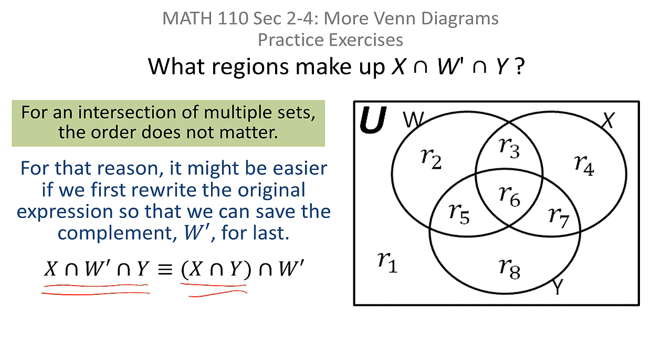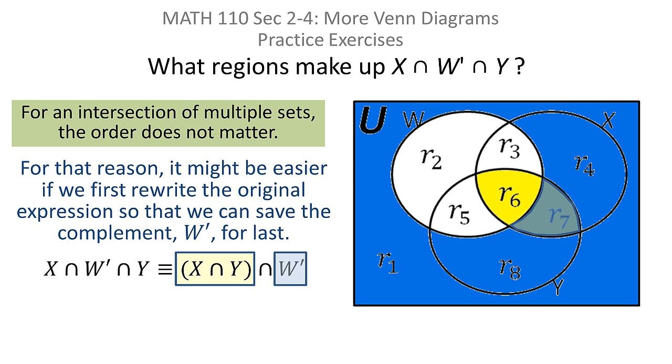So if I take X intersected with Y, that's the yellow area pictured there where X and Y overlap. Then I want the overlap of that, remember, intersection means the overlapping part, with what's not in W. W complement, what's not in W. Well, what's not in W, I've shaded in this dark blue.